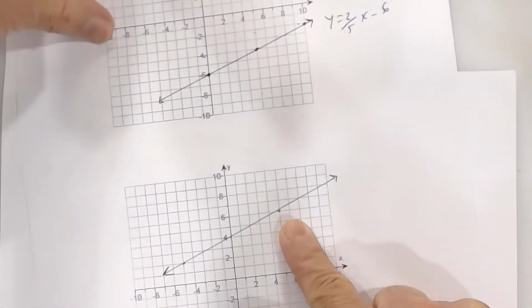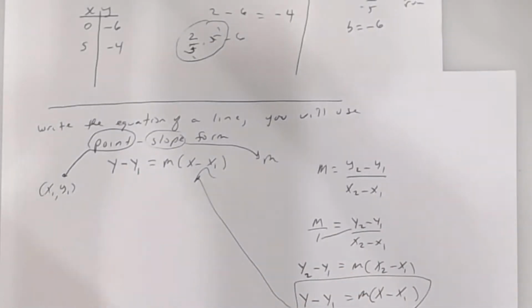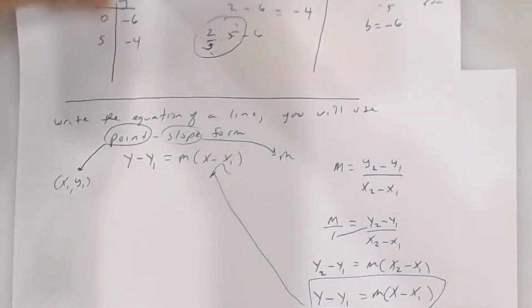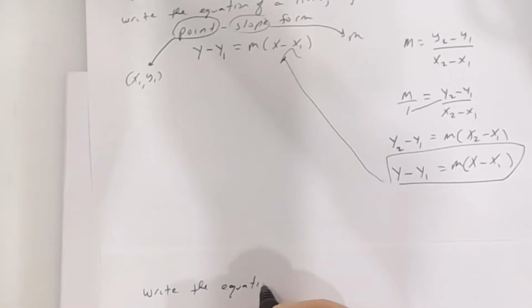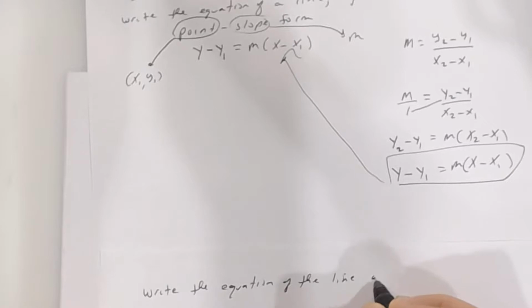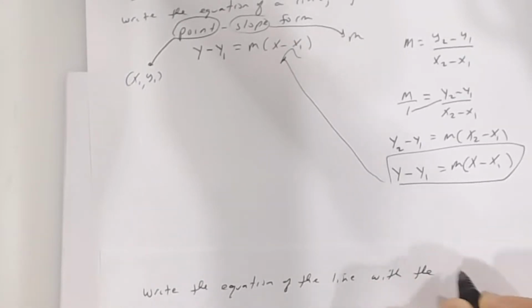All right, so here's the idea. The direction is going to say something like this. It will say, write the equation of the line with the given conditions.